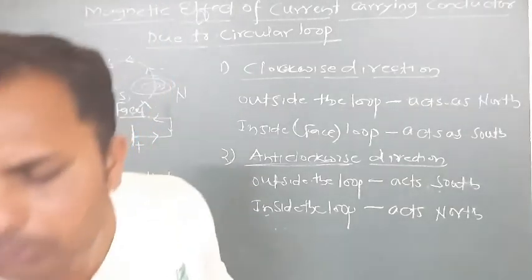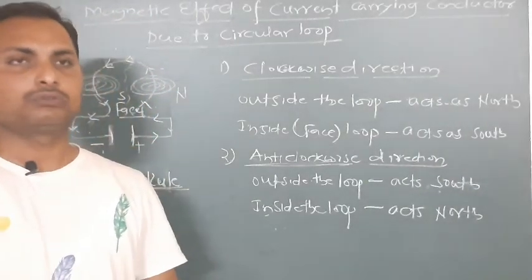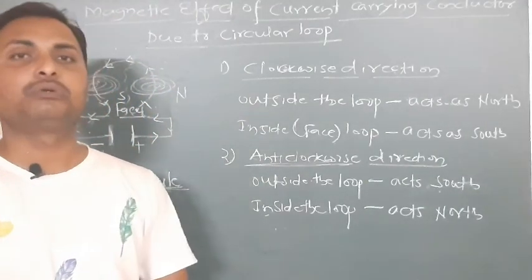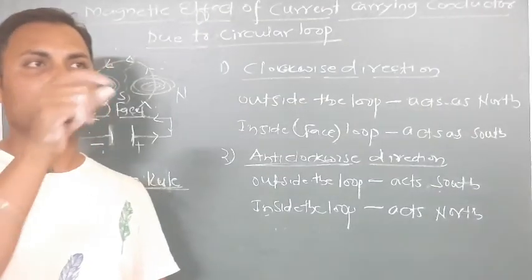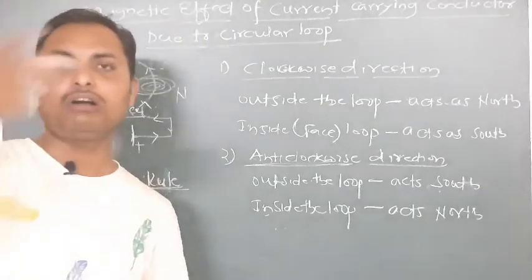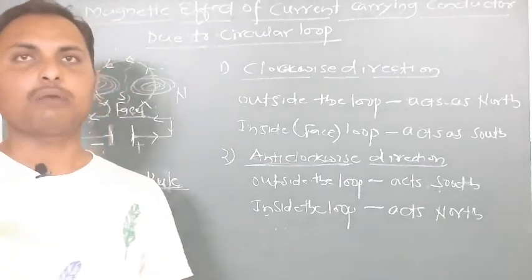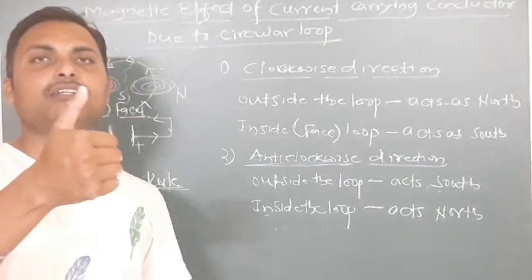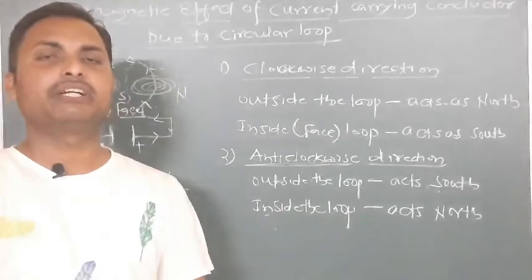In this concept we only have two cases. Case one: keep the current in the clockwise direction. Second case: keep the current in the anti-clockwise direction. In that we have sub points. Just note it down, apply Maxwell's right hand thumb rule, and you will get it very easily. Overall the concept is very easy.